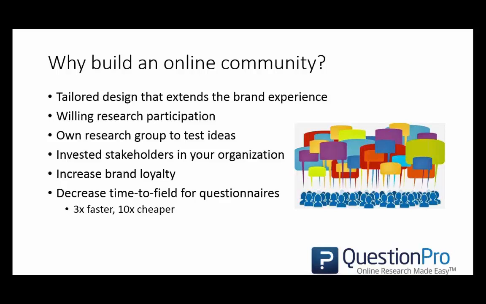It means you can do more research and get more out of this. You can really use this panel to feed a lot of your strategy, whether it's marketing strategy, product strategy, or organizational strategy. They are willing participants, and you can get a lot of information from them and use them as partners in what you are doing.